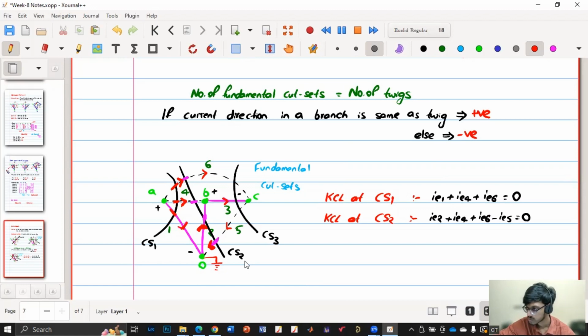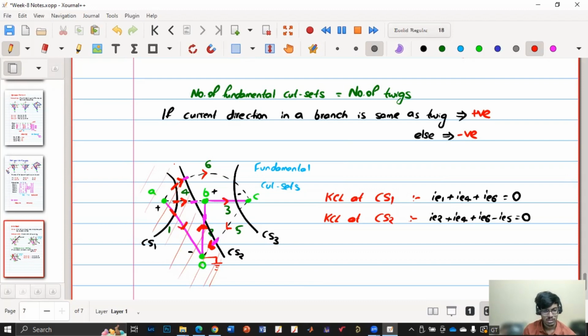Sir, IE6 is leaving, it is not entering. You have to consider one side of the cut set. If you are considering the left side, you have to consider only this side. On that side, IE6 is entering, IE4 is also entering, IE2 is also entering, and IE5 is leaving.